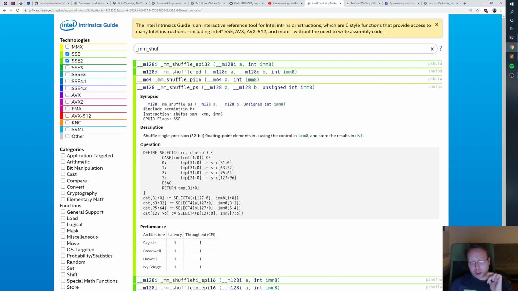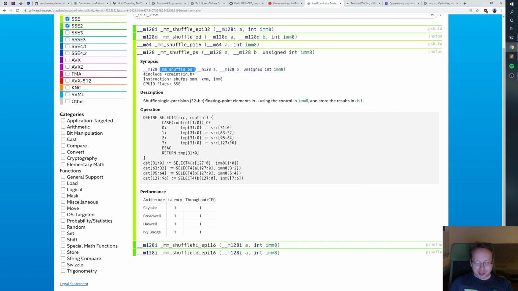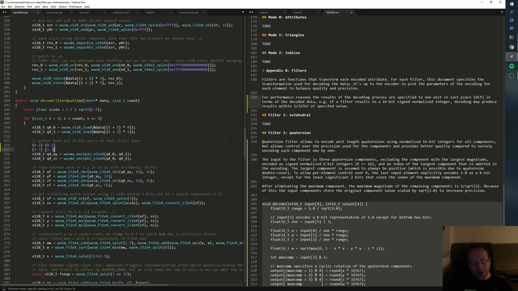This guy, which frustratingly exists only in floating point equivalent, which is fine for our use case because we are doing this on 32-bit values, so it's the same computation.